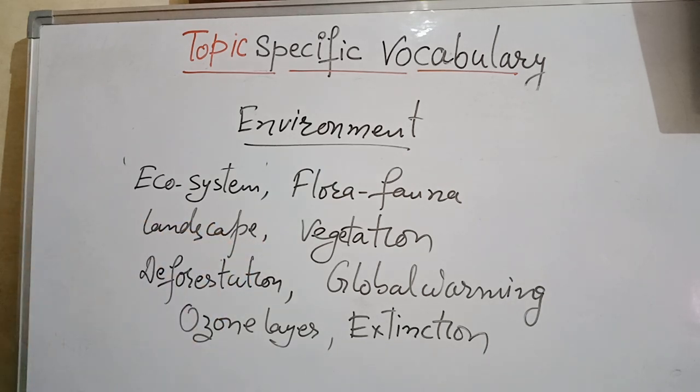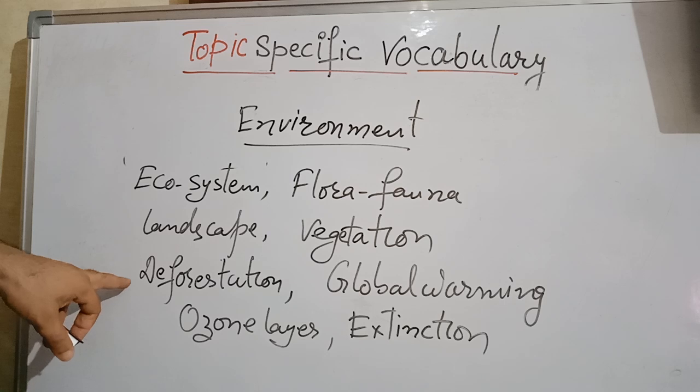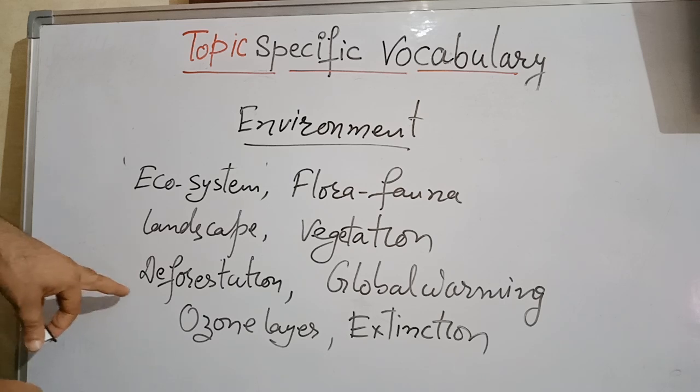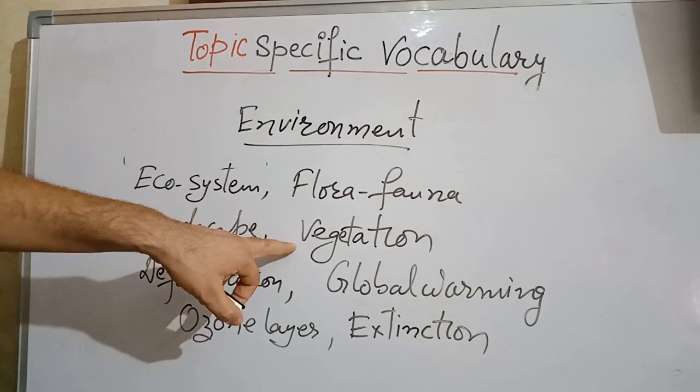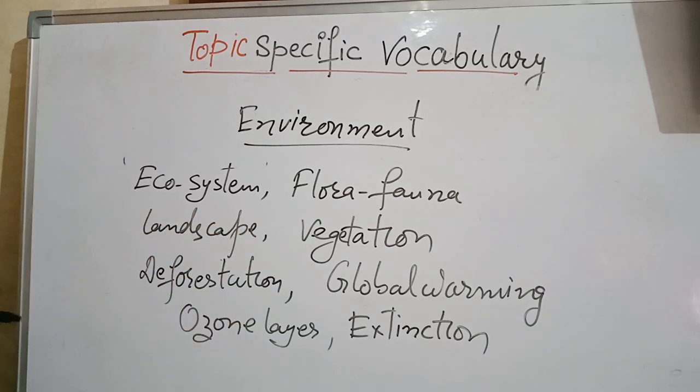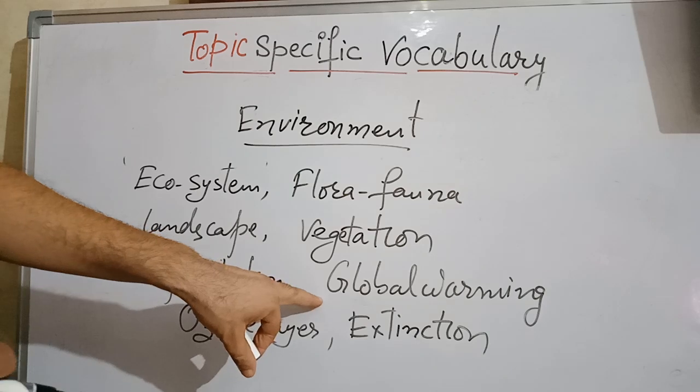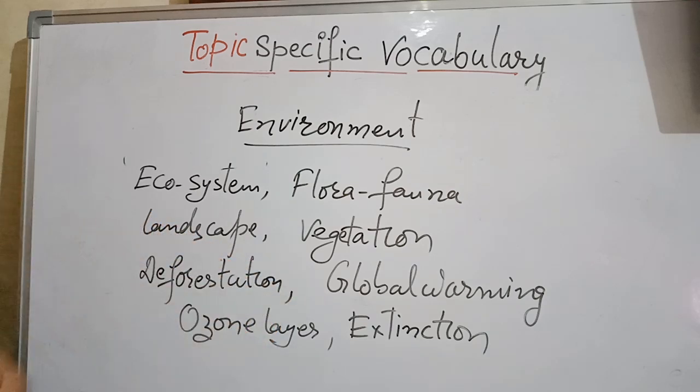Vegetation means greenery, plants. Due to deforestation, which means cutting of trees, there is less vegetation on hills and mountains now. Global warming. Increasing pollution is causing global warming all around the world.